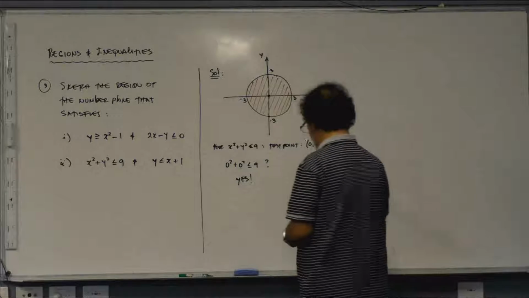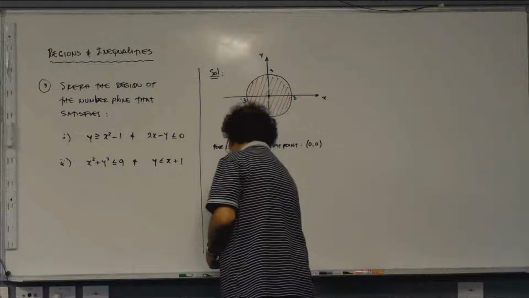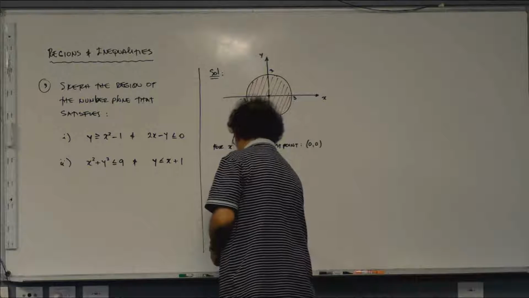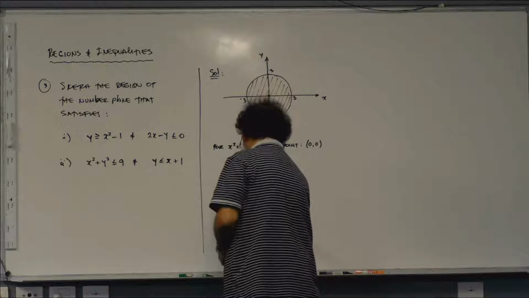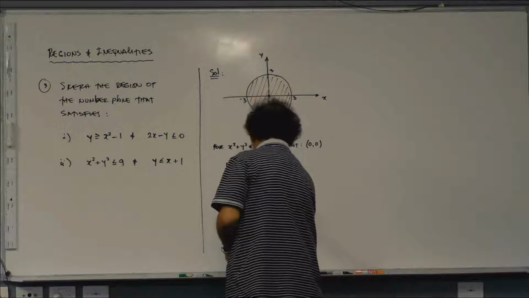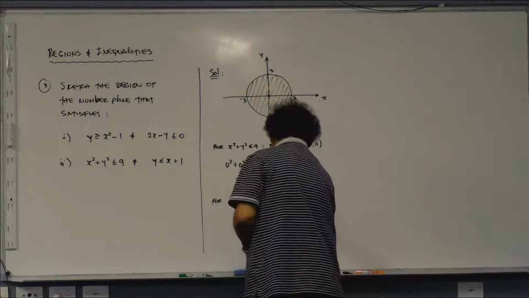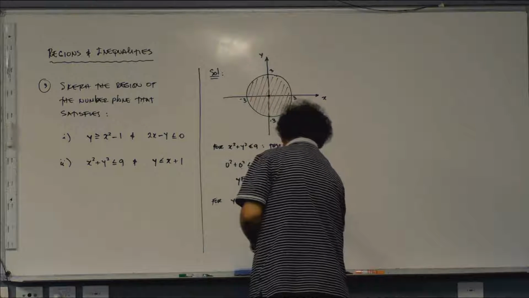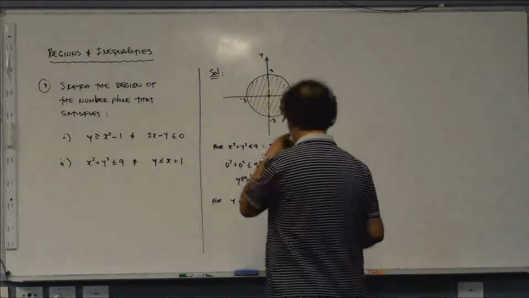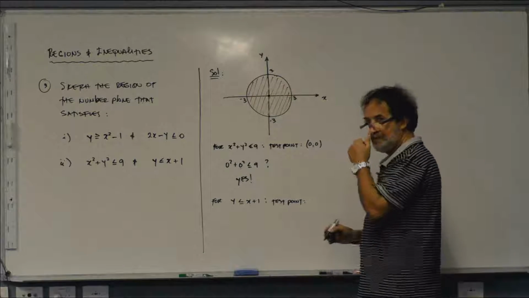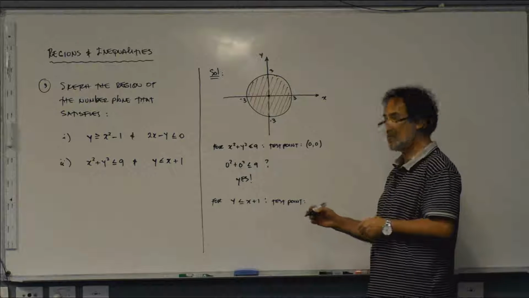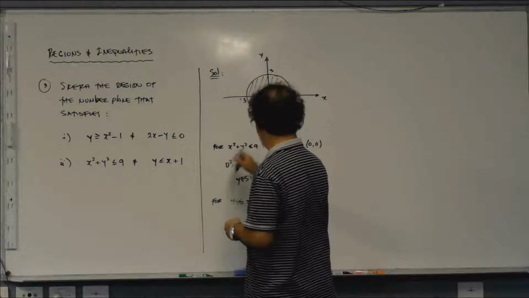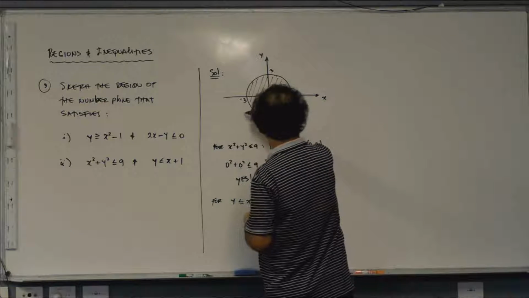And then for y less than or equal to x plus 1, test point, can we use 0, 0? Of course we can, because I can see that this line, x plus 1, goes like this.